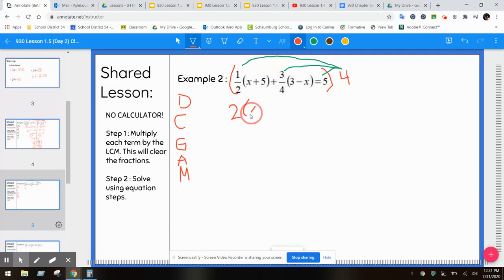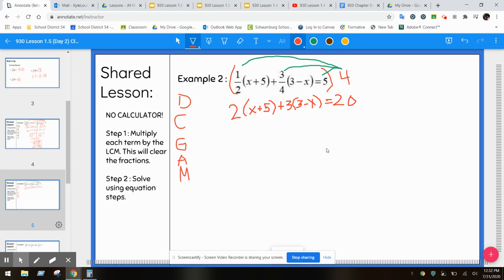What was inside the parentheses stays the same, so x plus 5. 3/4 times 4 is 3, so plus 3 times 3 minus x. And then 5 times 4 is 20.